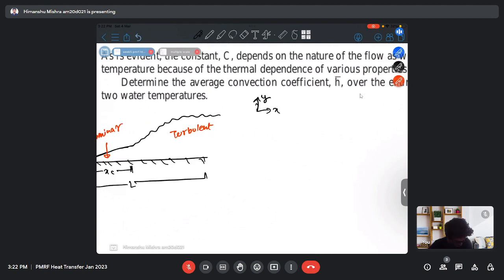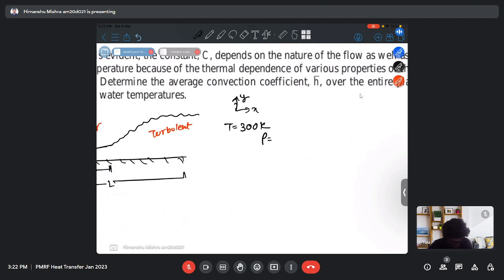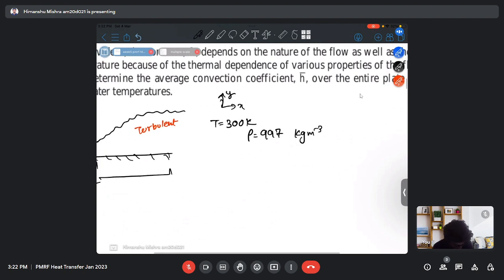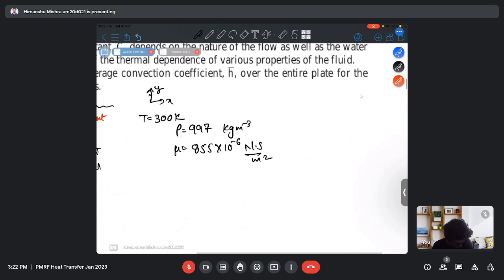We have two temperatures. At 300 Kelvin, the density is 997 kg per meter cube and the viscosity is 855 × 10^-6. At 350 Kelvin, we have a density of 974 kg per meter cube, and the viscosity is 365 × 10^-6.